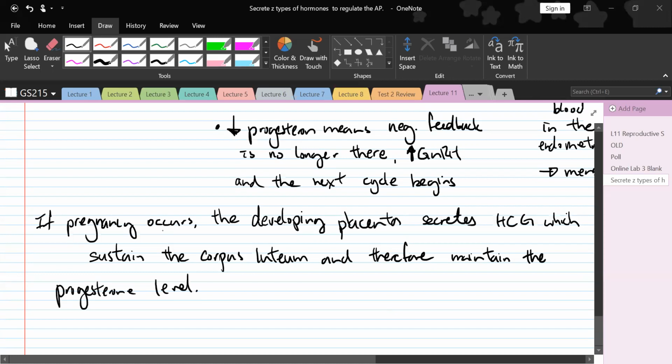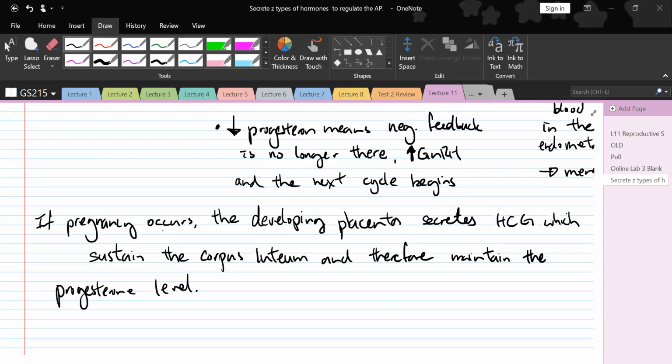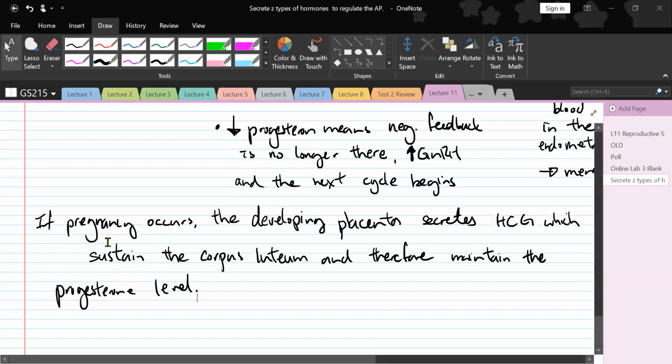right? More than ever, it's important to maintain the high level of progesterone if there is a pregnancy, because that means you're going to have the implantation, right? The zygote, the embryo is going to implant, and it's going to turn into the fetus, right? So we cannot let the blood vessels shed, and that's what the progesterone is going to be doing.